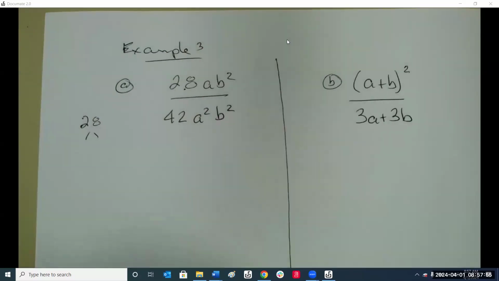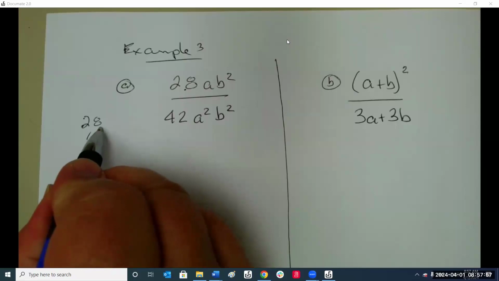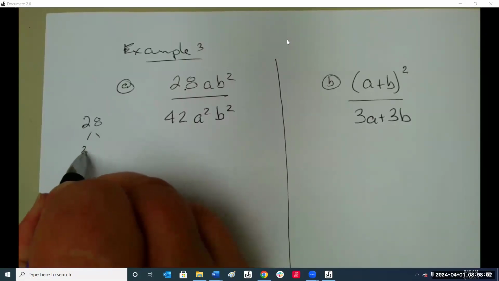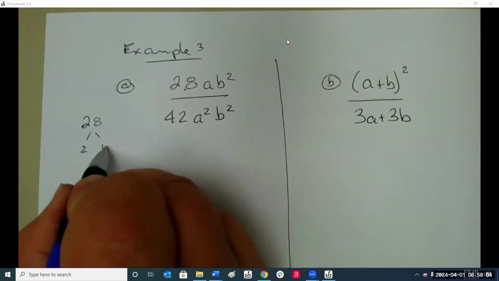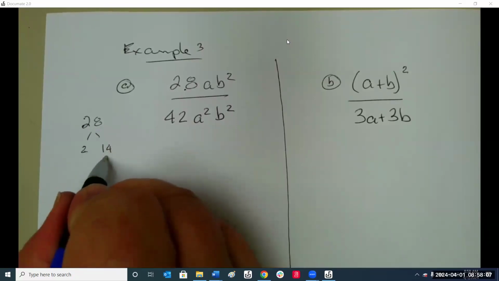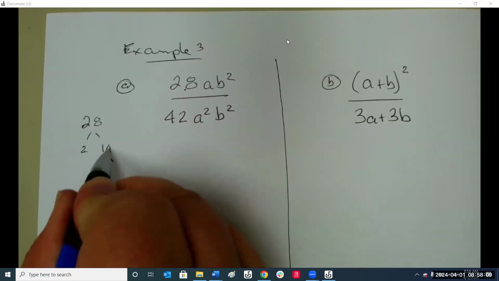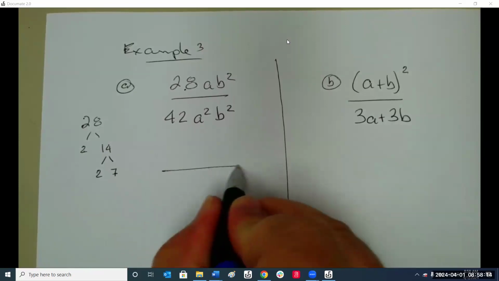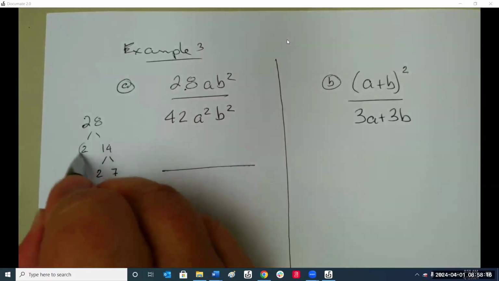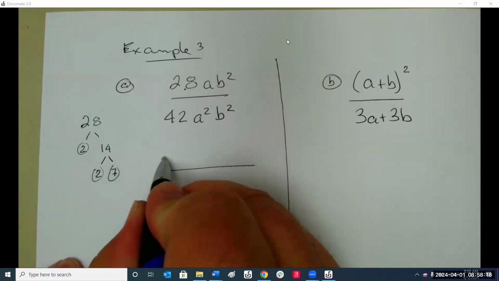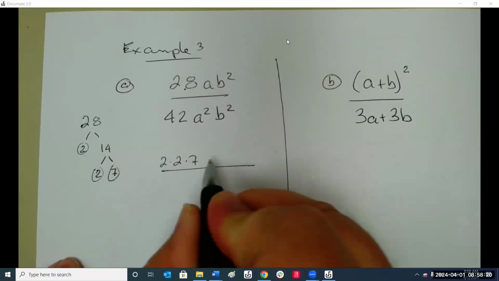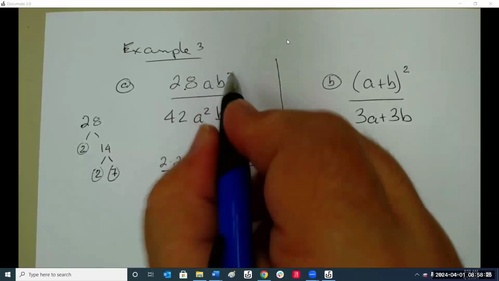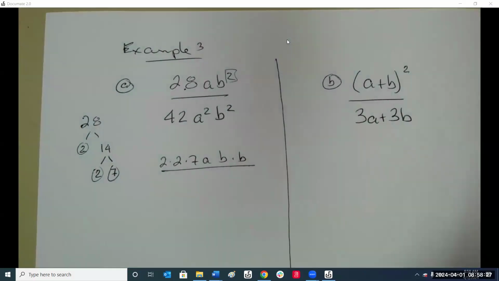What's it made up of? It ends in an 8, so we know it's divisible by 2. 2 goes into 2 once, 2 goes into 8 4 times, 14. 2 times what is 14? 7. So 28 is 2 times 2 times 7 times A, because B squared means B times B.